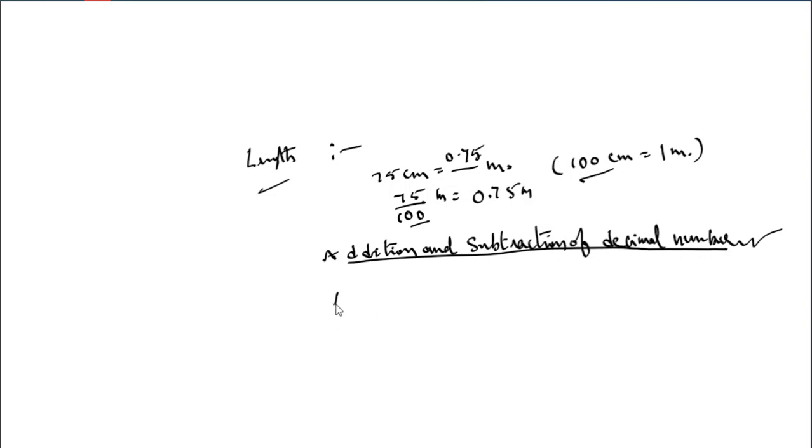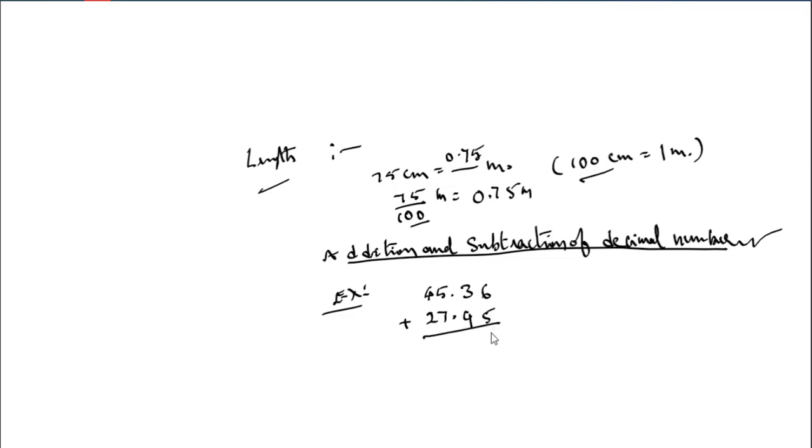Let me explain again. For example, take two decimal numbers: add 45.36 plus 27.45.